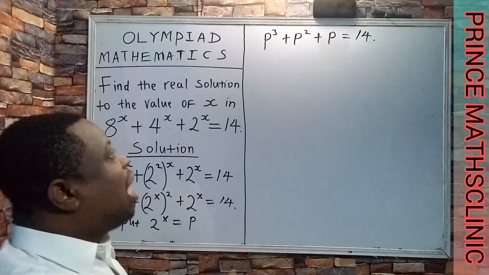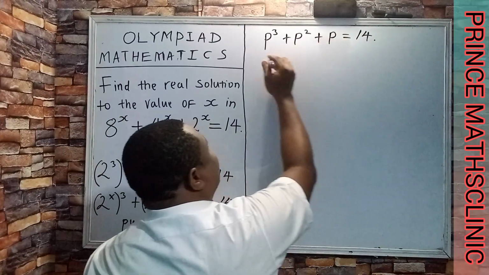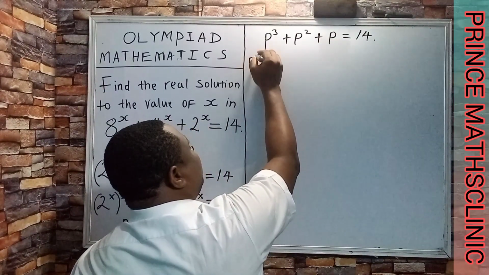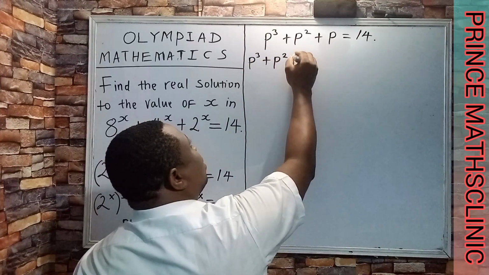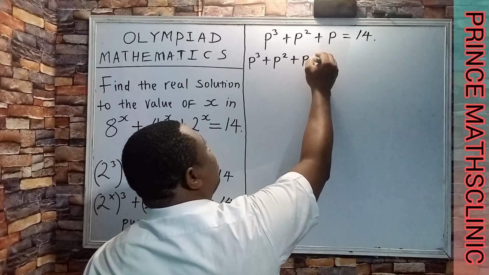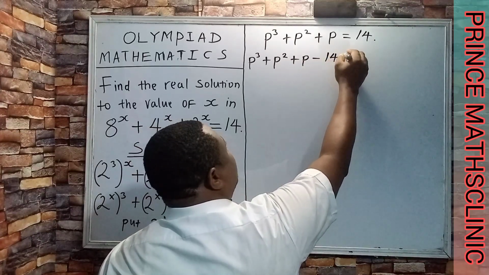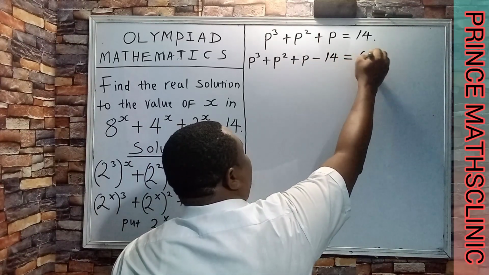Then I will now move this 14 to this part. So it will now become p to the power of 3 plus p squared plus p minus 14 equal to 0.